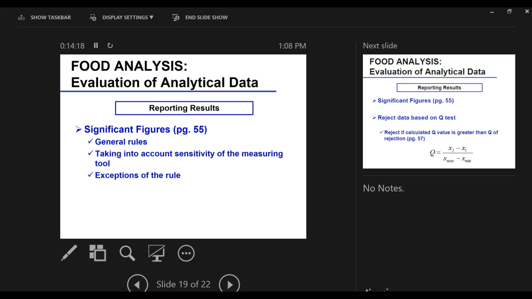And this one can be, if we want to put it in scientific notation, then it's still 4. Okay.